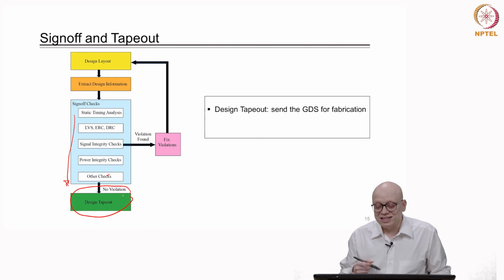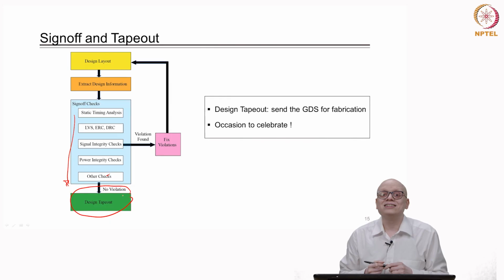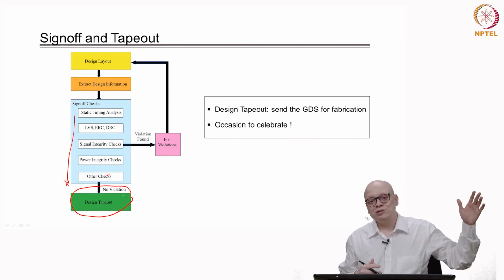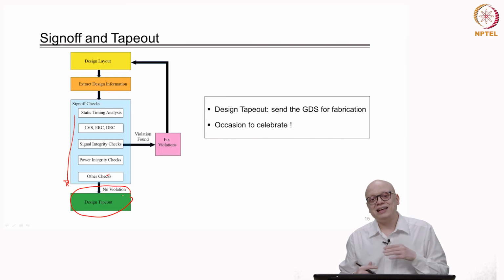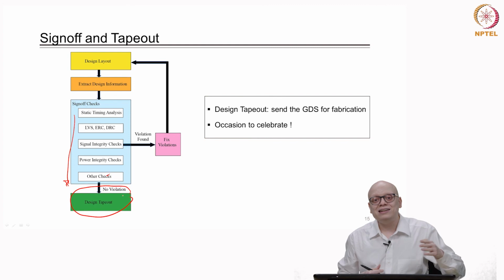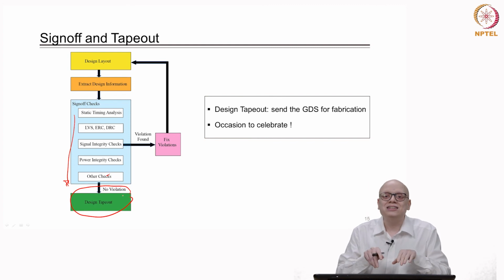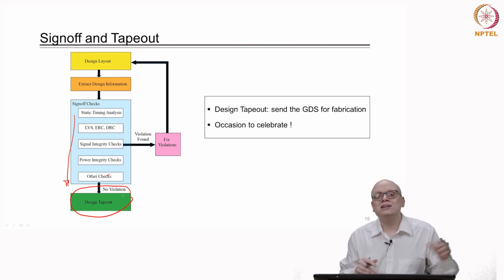So now this design tape out is a kind of a time for celebration for the designers, right, because the arduous design activity that started with, say, system level specifications and then finally culminated in the GDS being sent to the foundry, that concludes the project, right.